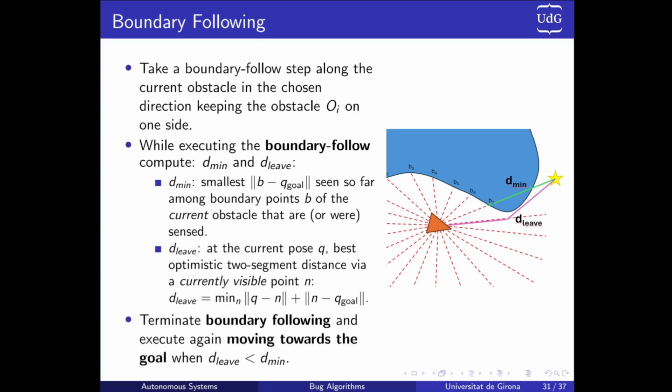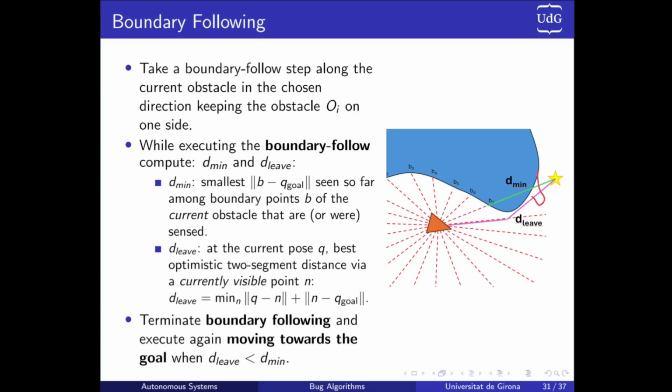And as you can see, the second segment is tangent to the obstacle. It means I know that from here to here it's free because my range sensor is not measuring any obstacle in the middle. And from here to here, I can generate a line that is tangent to the obstacle and goes straight to the goal. Of course, I don't know if here this is.